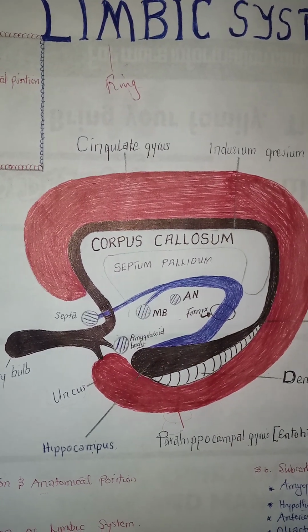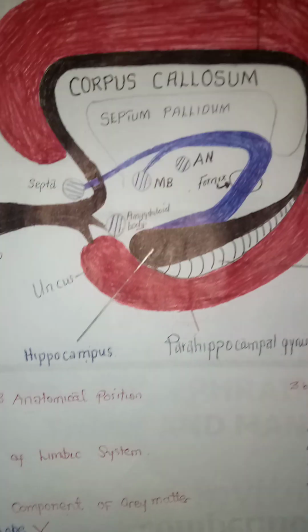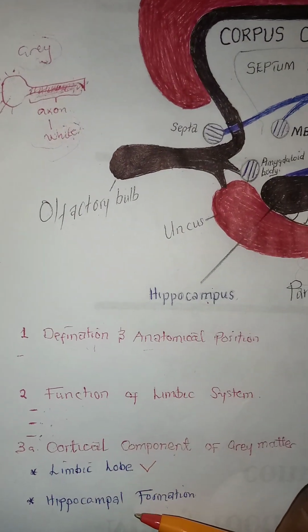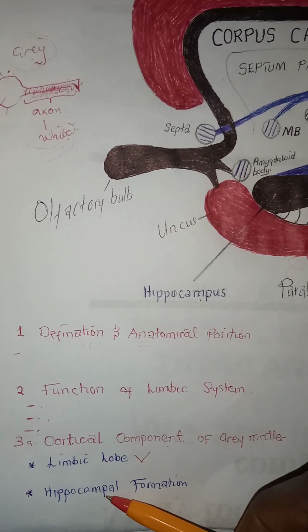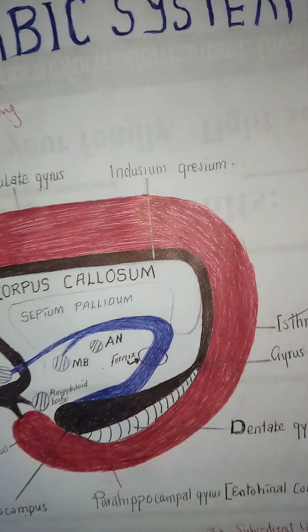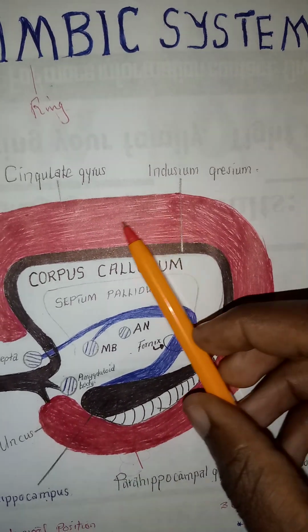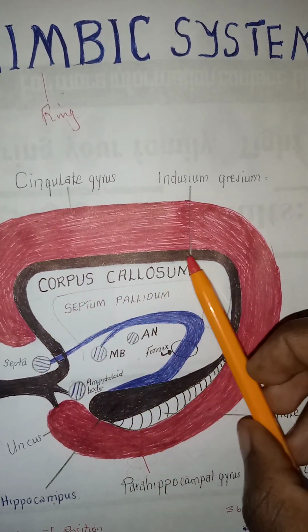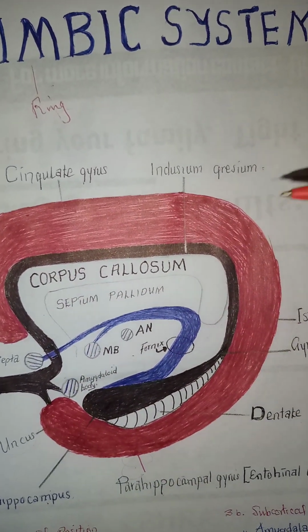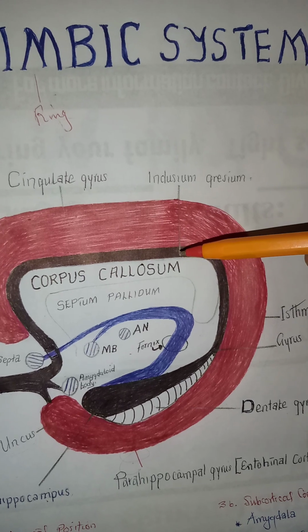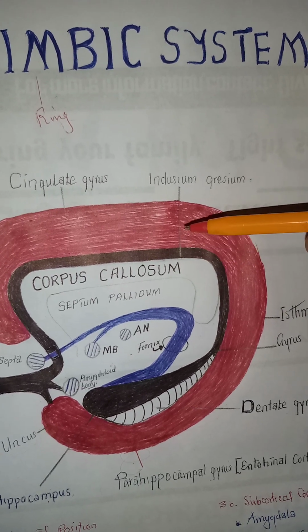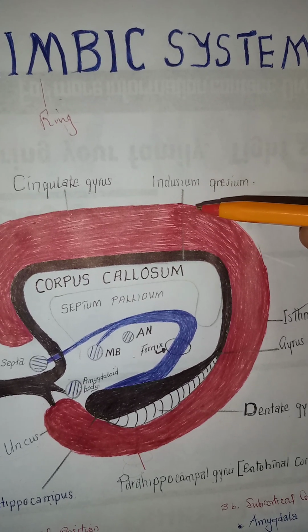Okay, so now moving on to the next item which we are going to talk about, the hippocampal formation. The hippocampal formation is this part which is in black. Superior to the corpus callosum, we have the indusium griseum.